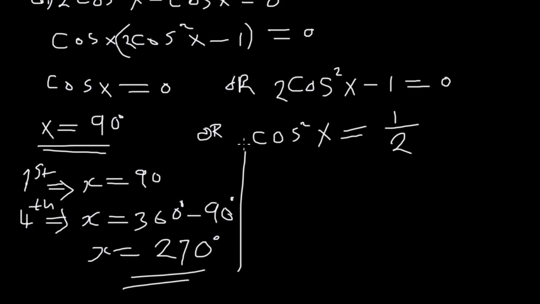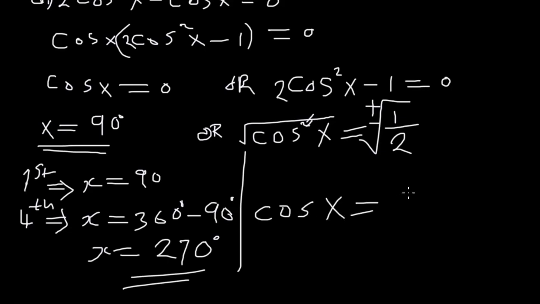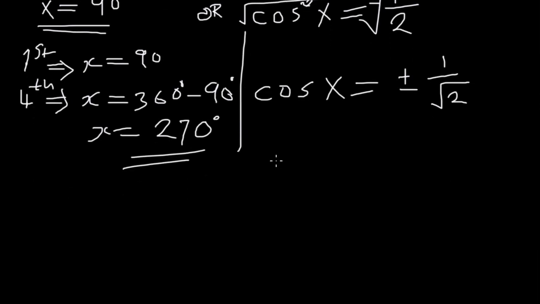Here again you find the square root. Of course this side it will be plus or minus. This square and that side will cancel. Then you remain with cos x being equal to plus or minus 1 over the root of 2. So in short, first you split these two.